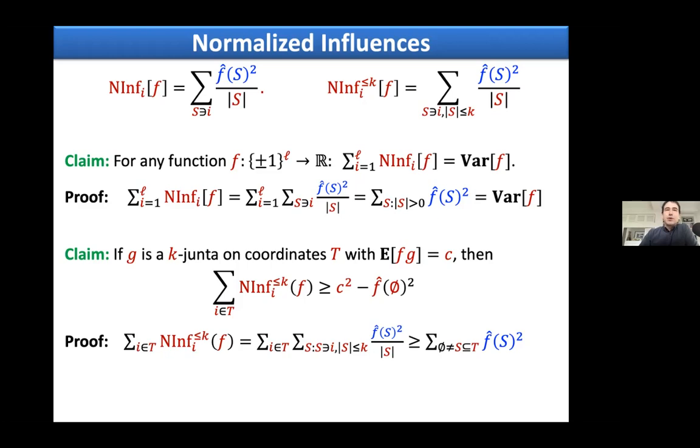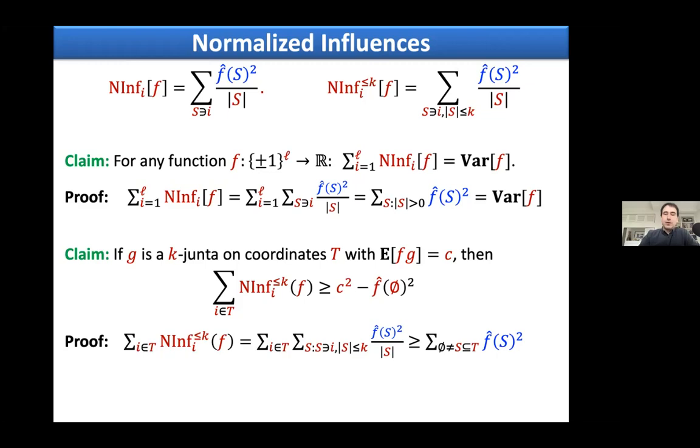If we know that the best correlation between f and g is C, then this sum of squares is at least C squared minus the Fourier coefficient of the empty set squared, which is also a few lines of calculation. So you can think of this sum of squares inside T as an approximation to the best correlation between f and g. And we get that the sum of normalized influences is lower bounded by the sum of squares.